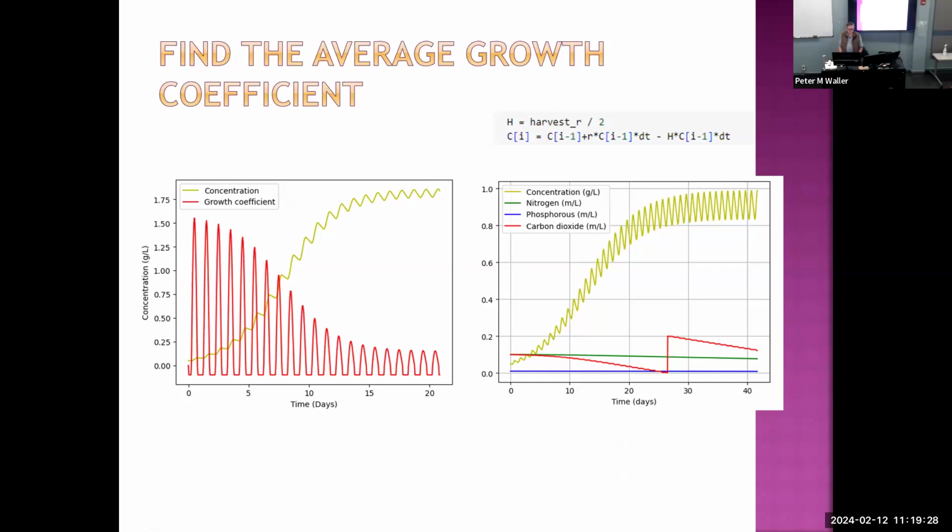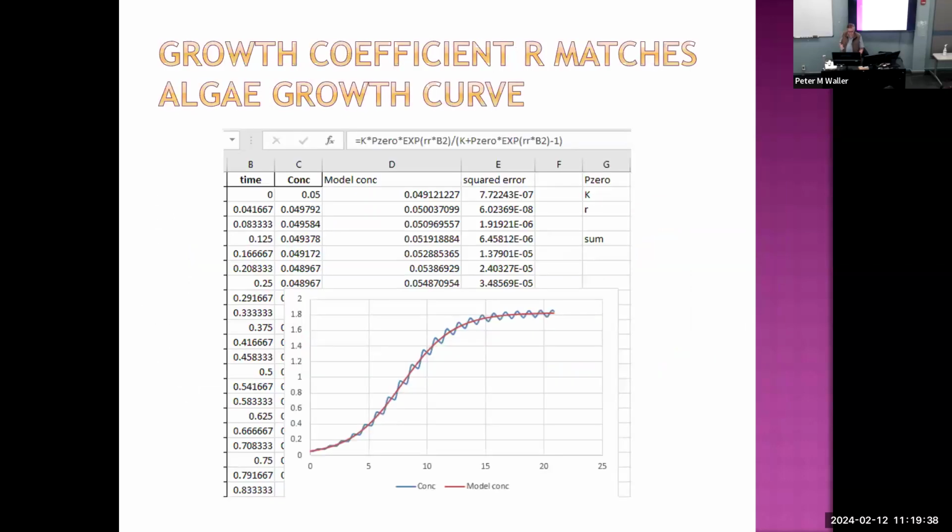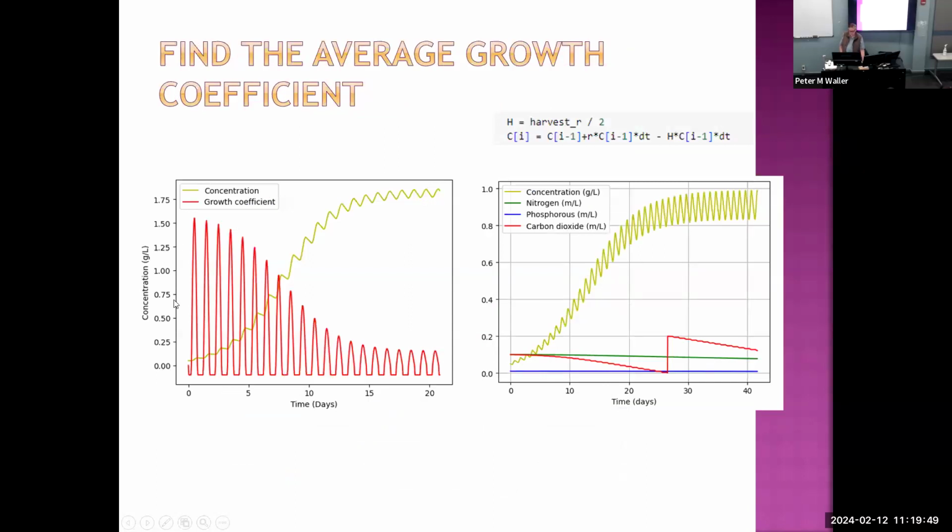So then you're going to set your harvest rate, H, equal to that harvest R. And actually, when I said harvest R, I mean this R here, this RR that you get from minimizing the least squared errors. So here's the data that I input to the model, to the Excel file without harvest.